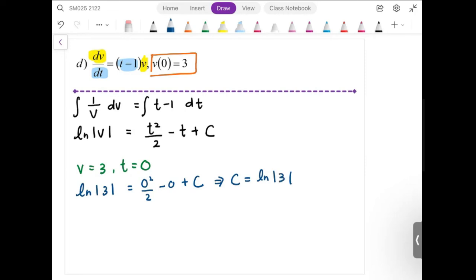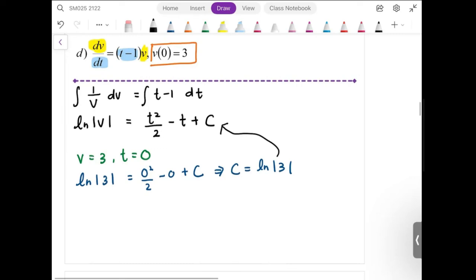So now I may substitute that value of C into our general equation just now to obtain particular solution. We would have ln of v equal to t squared over 2 minus t plus ln 3. Okay.